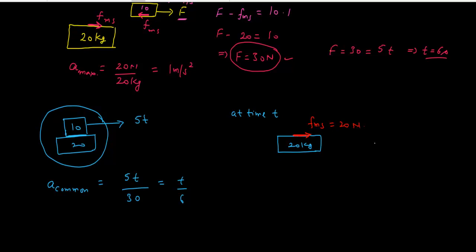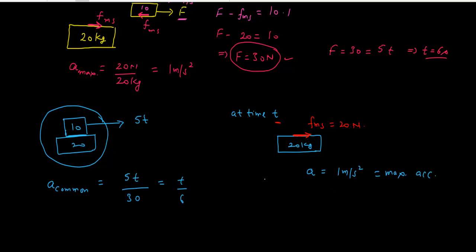Now in this situation the acceleration of this 20 kilogram block is 1 meter per second square, and that is the maximum acceleration that can be achieved by this 20 kilogram block.